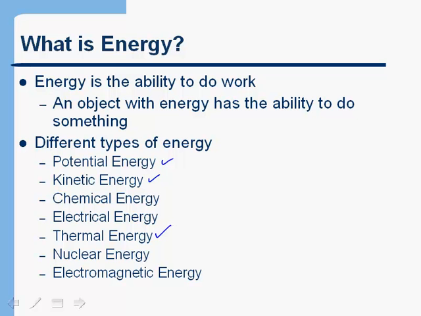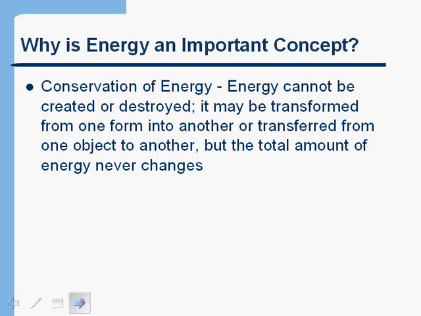The important thing about energy is that energy is conserved. We call this conservation of energy. And what that means is energy cannot be created or destroyed. It can be transformed from one form into another or transferred from one object to another, but the total amount of energy never changes.